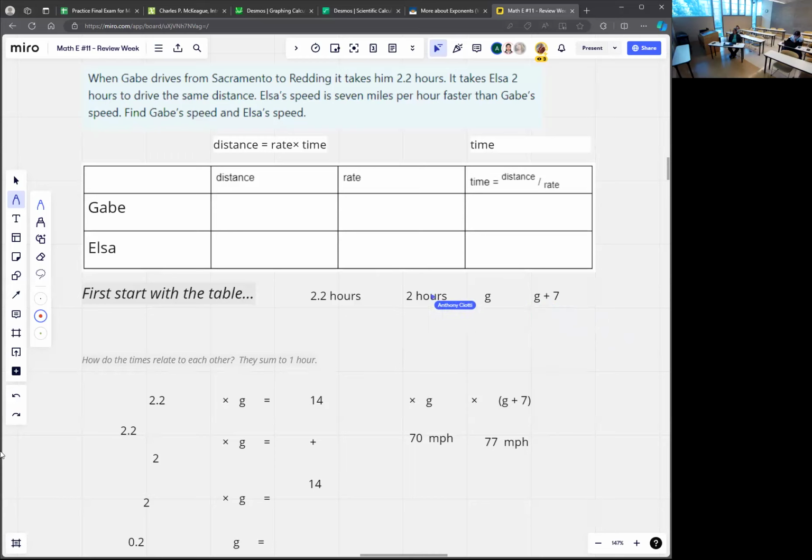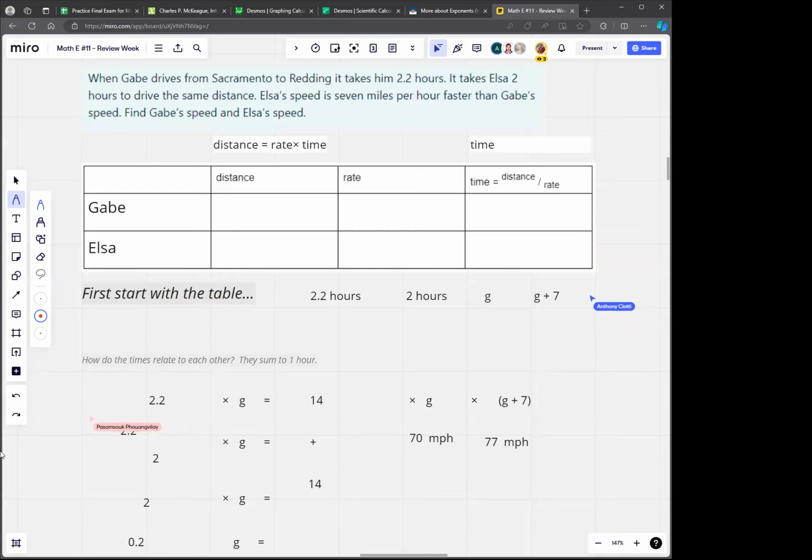Okay, help Anthony. I only see his cursor. Move these 4 things around. I'm not able to drag anything, so I'm going to switch to my other computer.